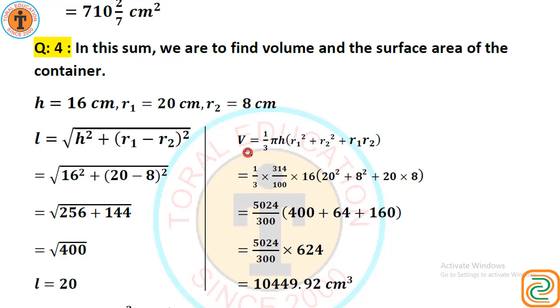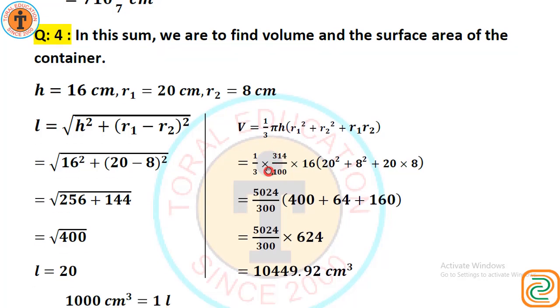Now what? Volume equals to 1 by 3 pi h bracket r1 square plus r2 square plus r1 into r2, right? Here 1 by 3 into 314 by 100, because I have removed the decimal point, into 16 is h, r1 20 square plus r2 8 square plus 20 into 8.